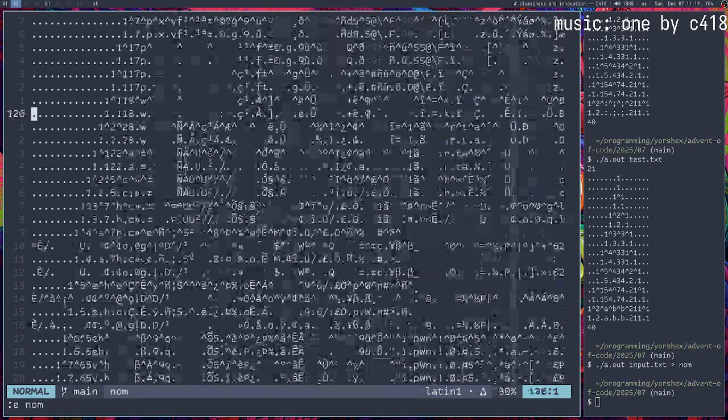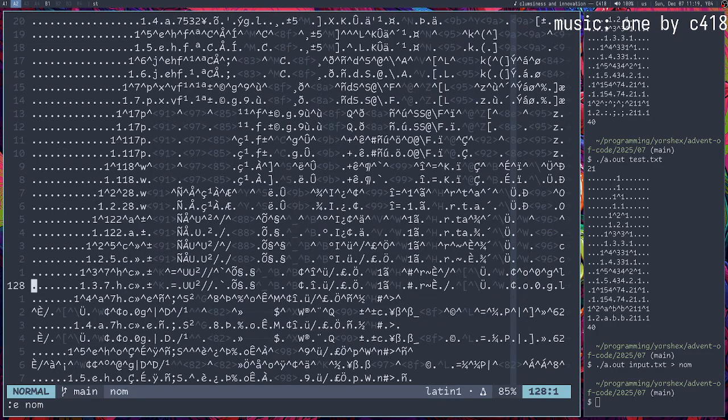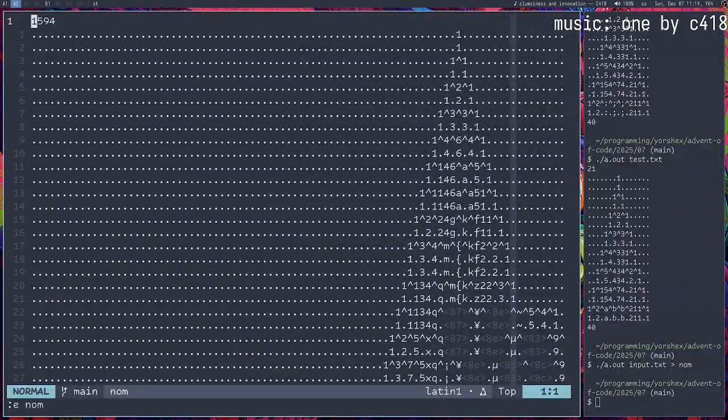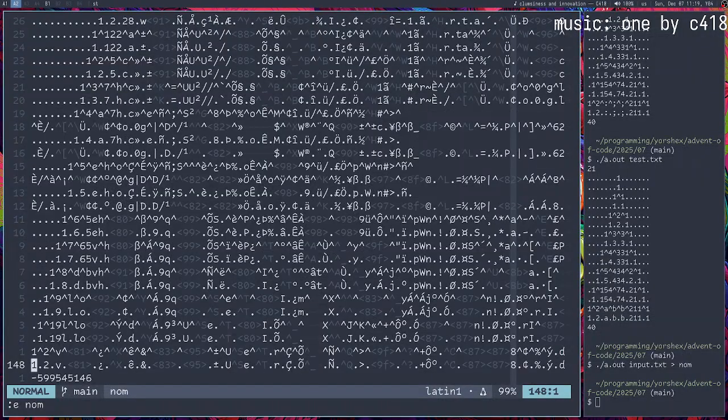Oh my gosh. These numbers get huge. Maybe I can't print them because they get so huge.